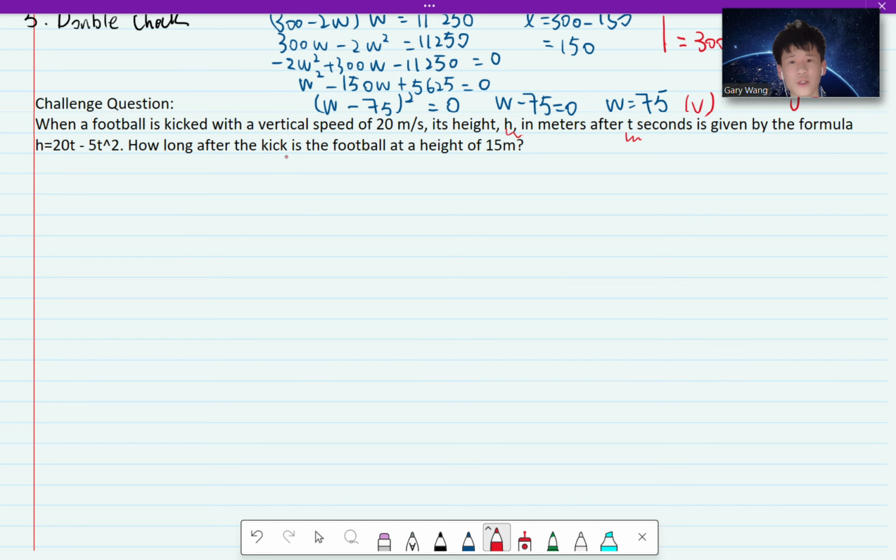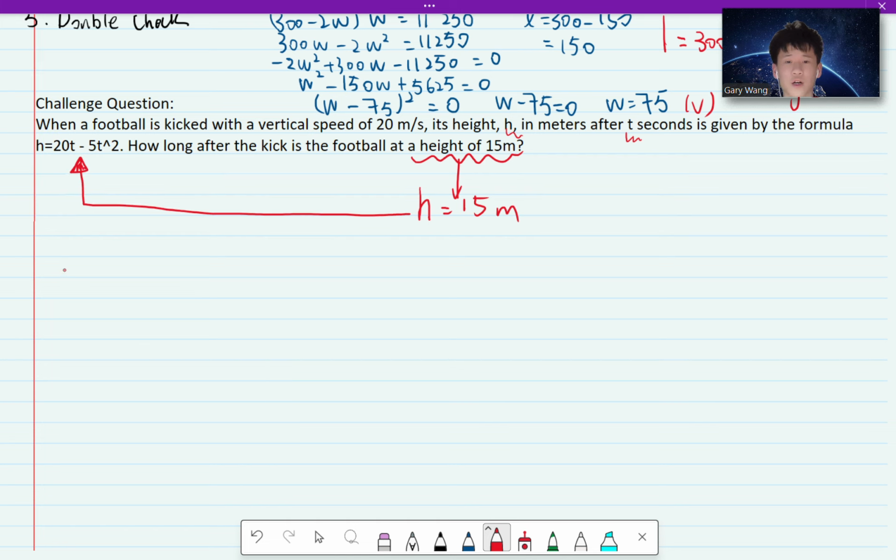So we're looking for the time when the football is at a height of 15. So this shows that h, which is the height, equal to 15 meters. So let's start off by substituting this into this equation right here.